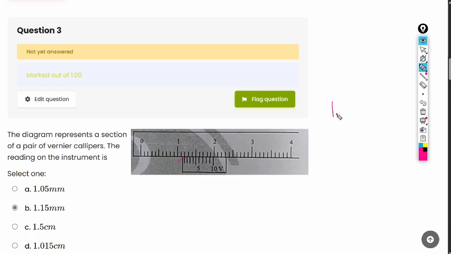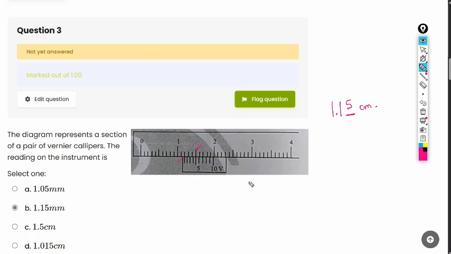We already have 1.1 cm, so it's the second decimal place that we're looking for. To find that, we look on the vernier scale to see where any of the markings perfectly intersects with the main scale. We have that at 5. So that's why it's 1.15 cm.